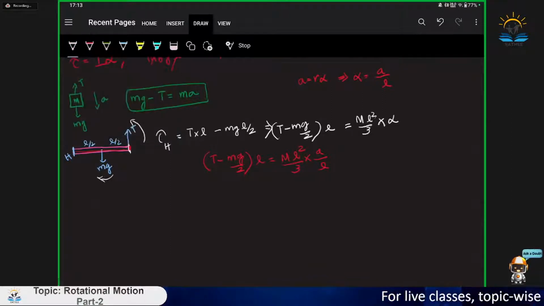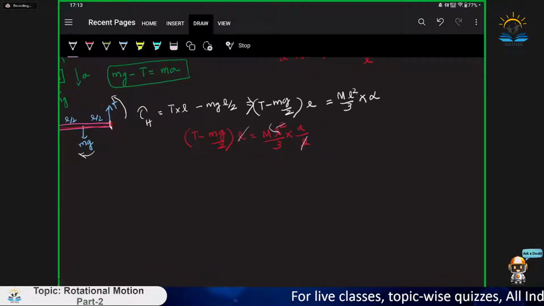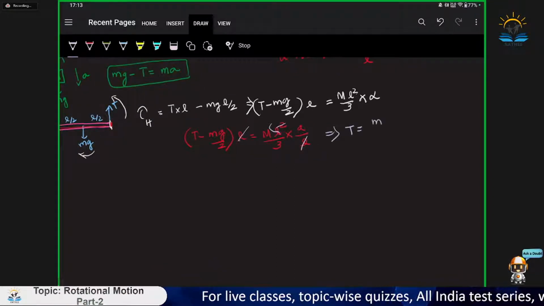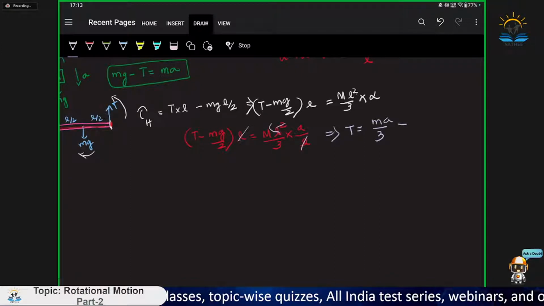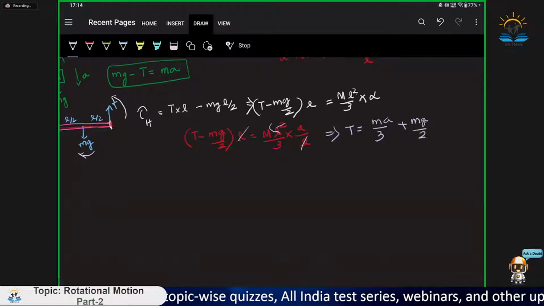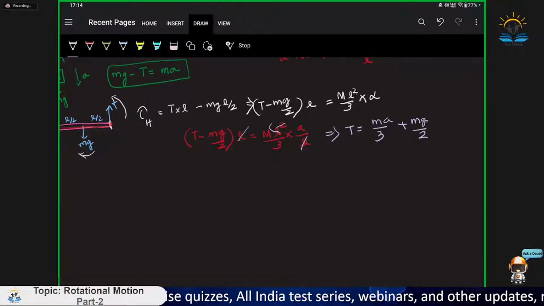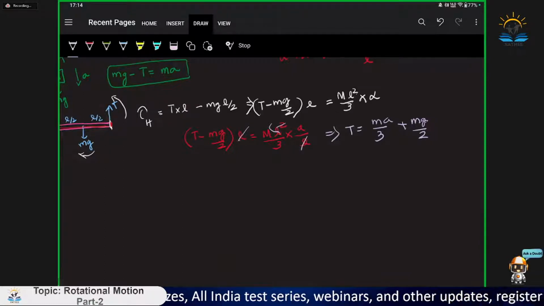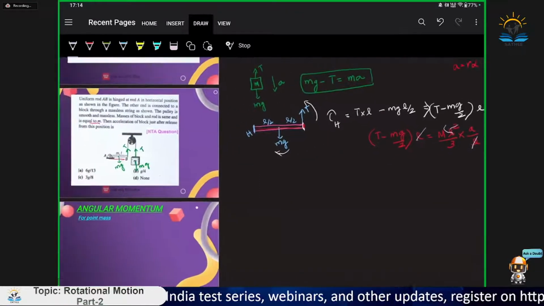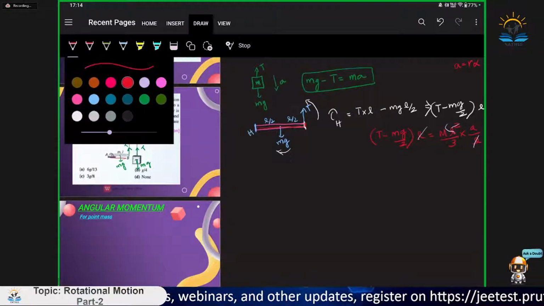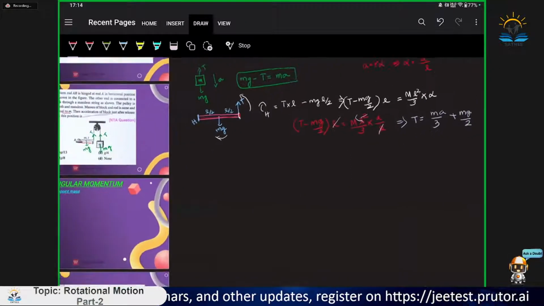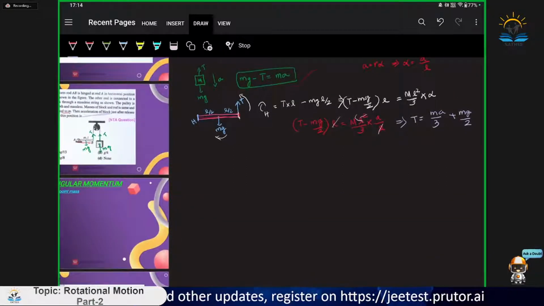So one L we can cut here. Both L gone. So tension T will be MA by 3 plus MG by 2. What we have to find? We have to find the acceleration of the block. For that, we got tension now, so we have this equation.